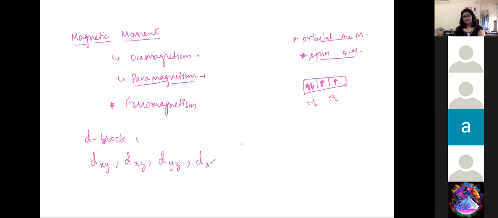Yes, and then you've got dx square minus y square, and then dz square, right? These are the 5.